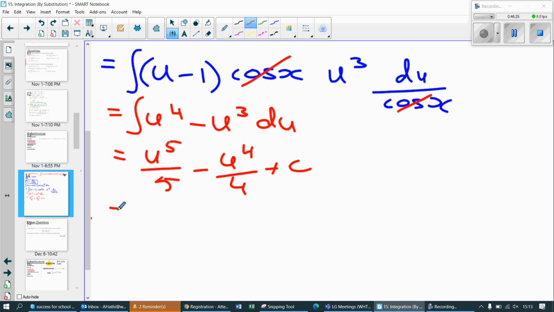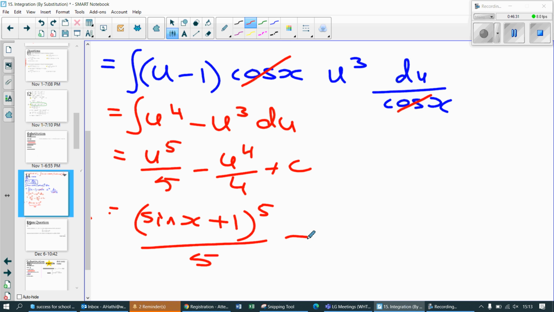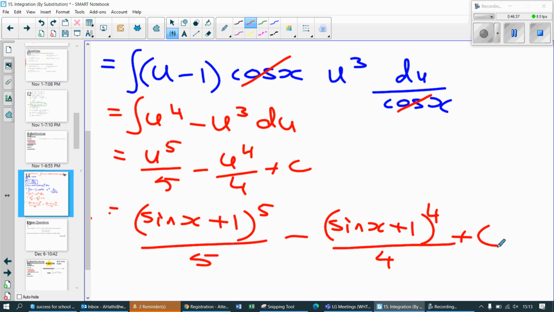Oh, so that's sine x plus 1 to the power of 5 over 5 minus. There you are. It's really quite satisfying when this huge long thing just becomes something so simple.